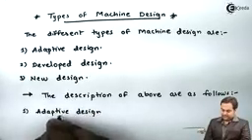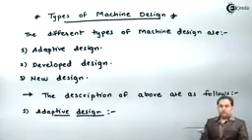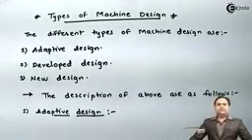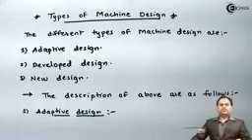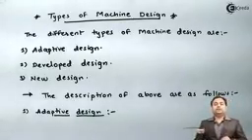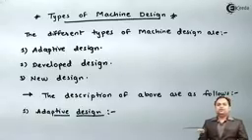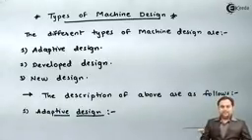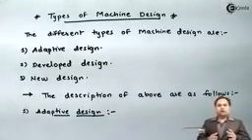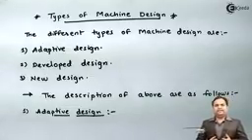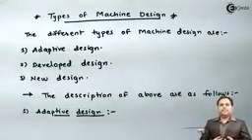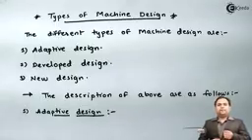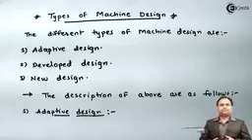Adaptive design. Now, see, adaptive design is basically a small modification or minor change in the existing design. It means in case of adaptive, the component or product is already there, it is existing, and when we make minor changes in that, then we term it as adaptive design.